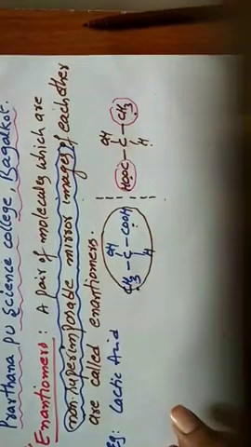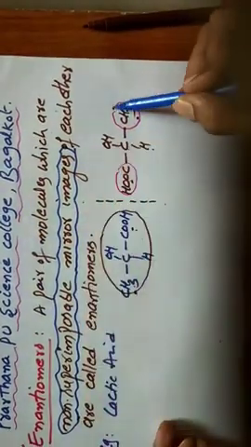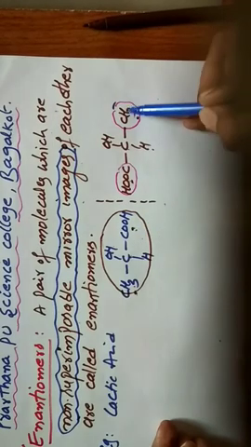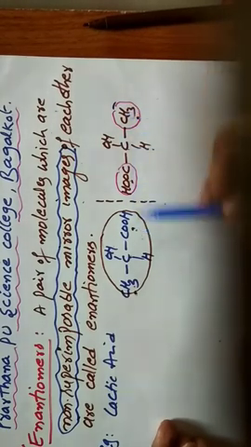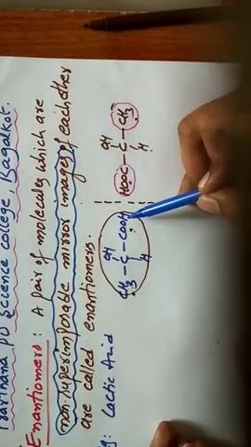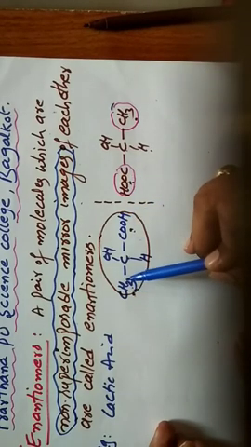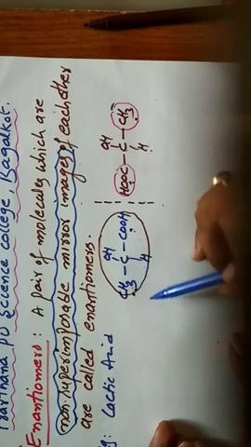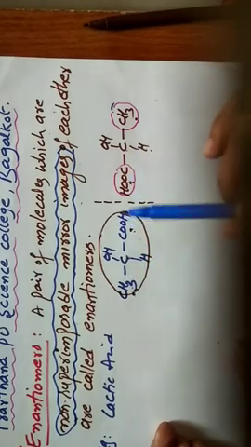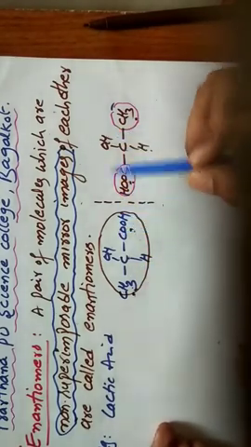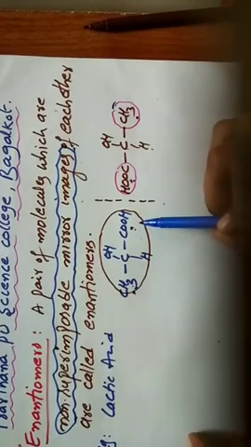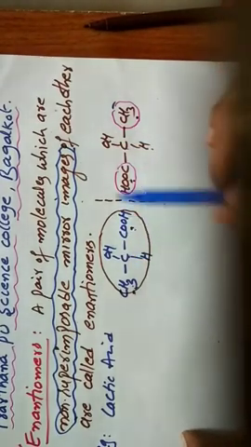The CH3 group is exactly on COOH, and the COOH group is exactly on CH3. Different groups are one above the other, so these are non-superimposable mirror images. That's why this type of pair is called enantiomers.